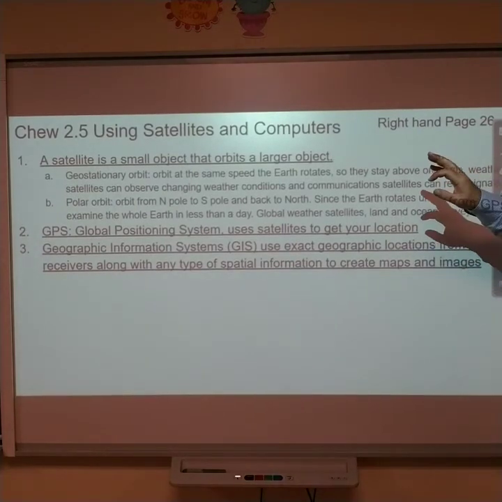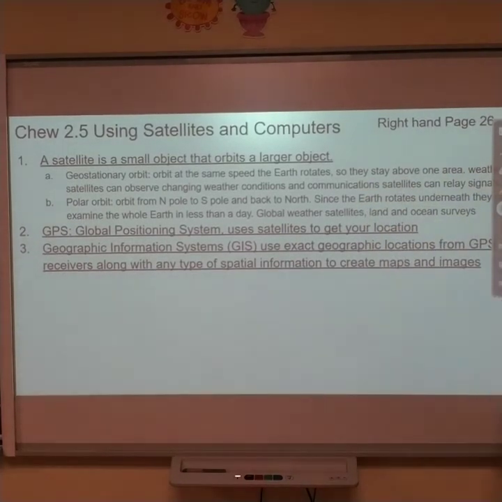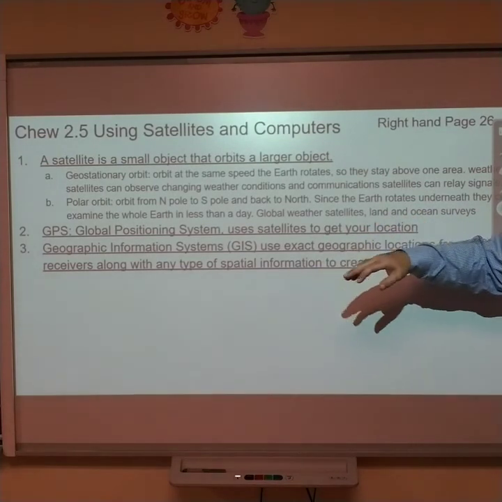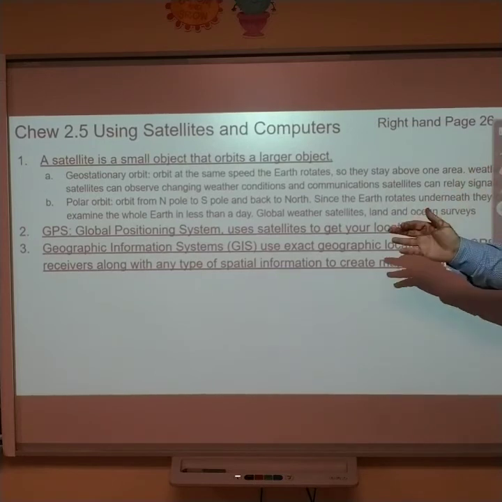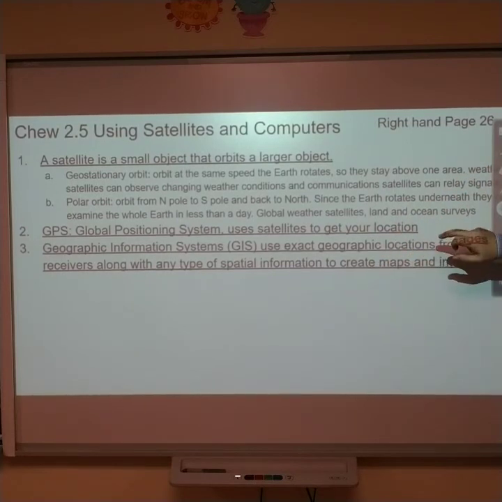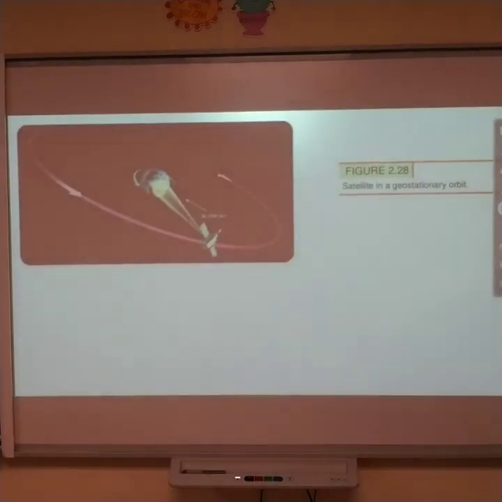All right. A satellite is a small object that orbits a larger object. Global Positioning System is your GPS. Geographic Information Systems use exact geographic locations from GPS receivers, and spatial information to create maps and images. So for example, this is a geostationary orbit.